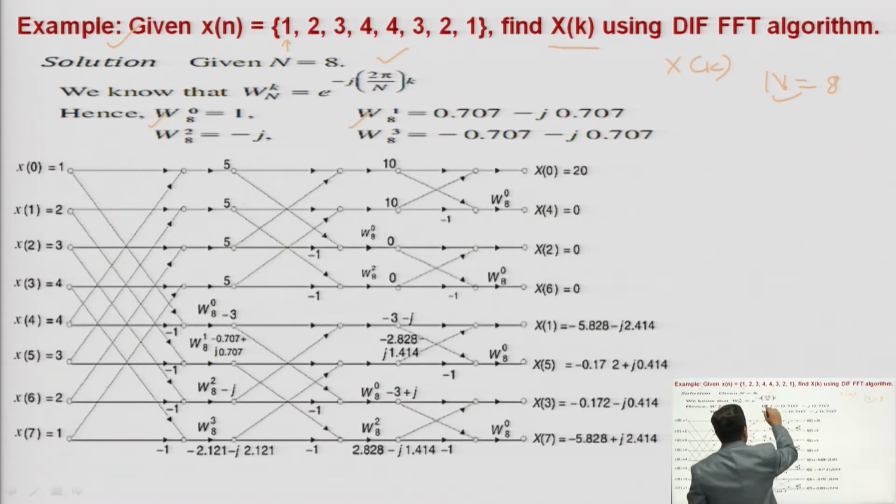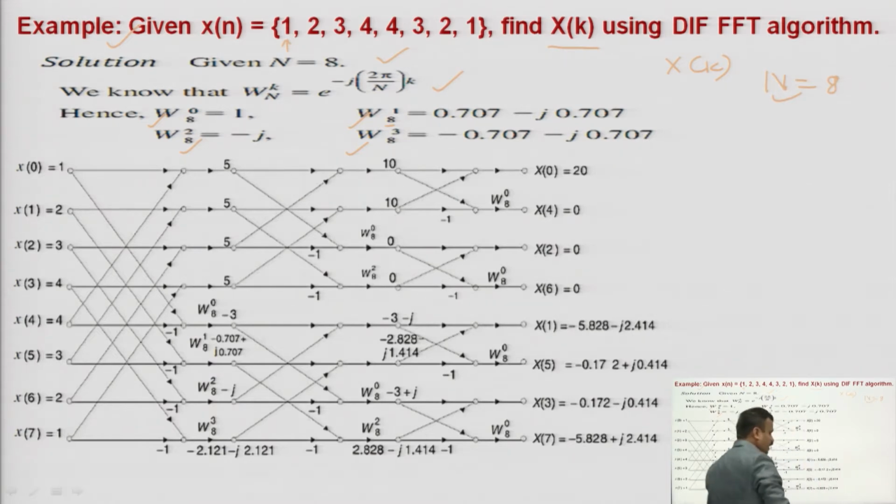W_8^1 is 0.707 minus j 0.707. Similarly, W_8^2 will be minus j, and W_8^3 will be minus 0.707 minus j 0.707.